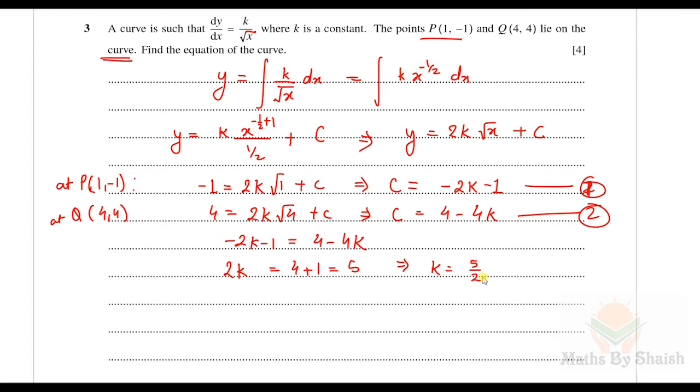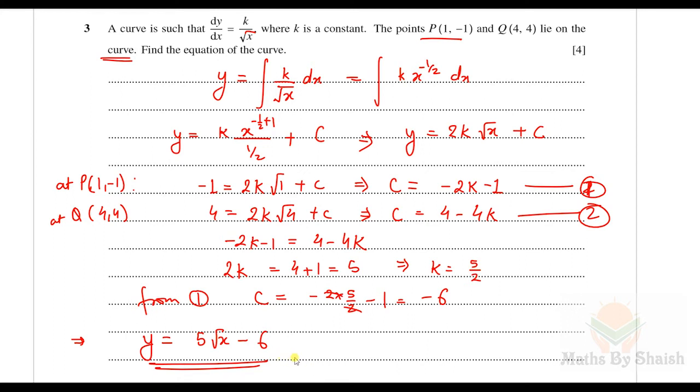And once we got k value as 5 by 2, we'll put it in equation number 1 or 2, any. I'll write from 1. From 1 we'll get c is equal to minus 2 into 5 by 2 minus 1. These two cancel. We got c is equal to minus 6, and hence the equation of curve will be y is equal to 5 root x minus 6. So I put the value of k here, 2k is equal to 5, and that is the equation of curve.